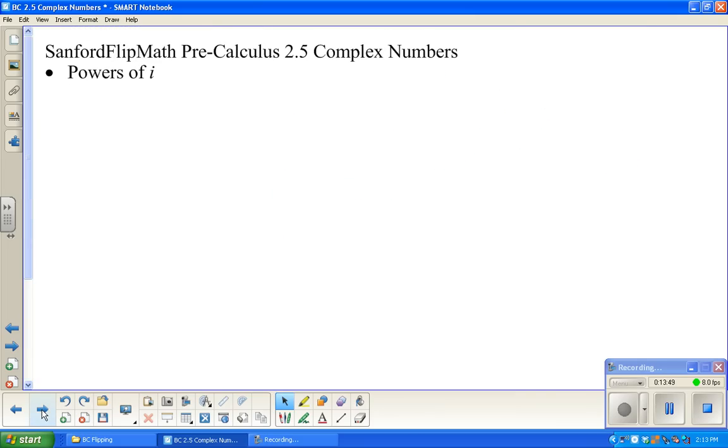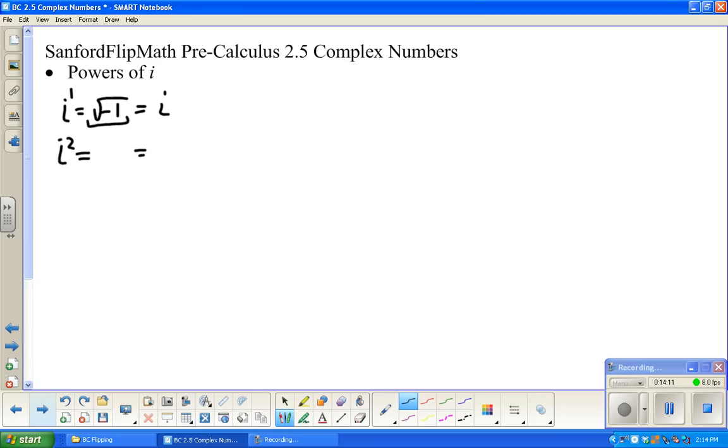All right, powers of i. Well, we already talked about how i really means the square root of negative 1, and we're just going to write that like i to the 1. Okay, it's just i. So i to the 1 is i. i squared, we again have talked about squaring this, and so now i squared is really just negative 1.